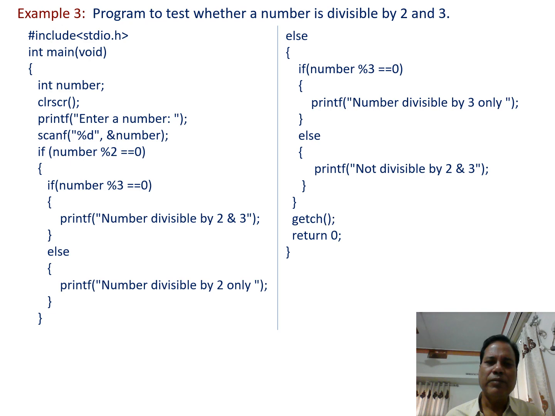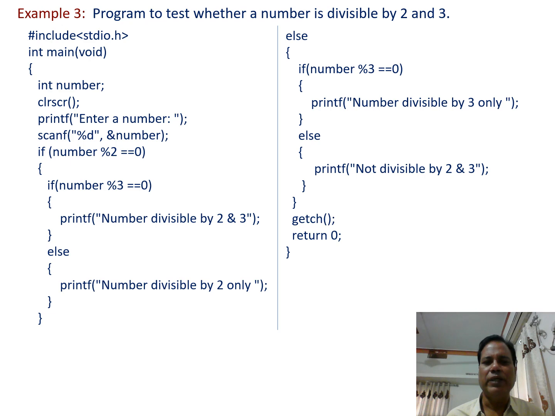Then if this condition is true, we check again inside the if block if the number is divisible by 3 or not, using the modulo operator and finding the remainder of dividing the number by 3. So if the remainder equals 0, it means that it is divisible by 3.